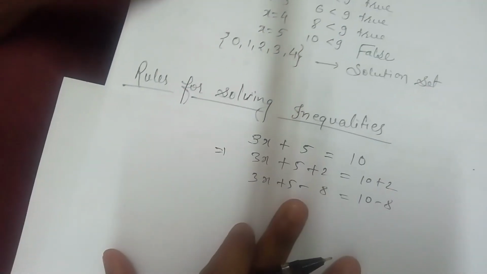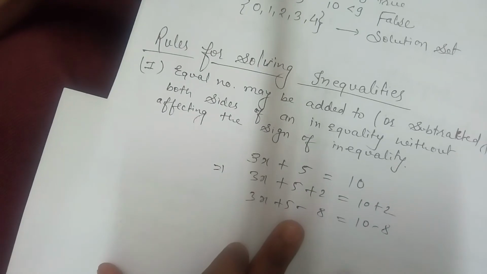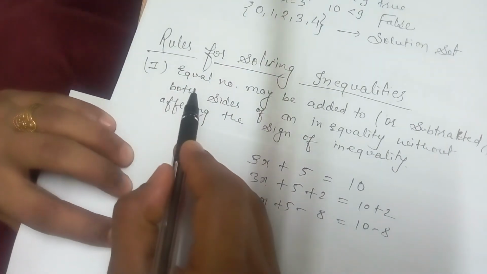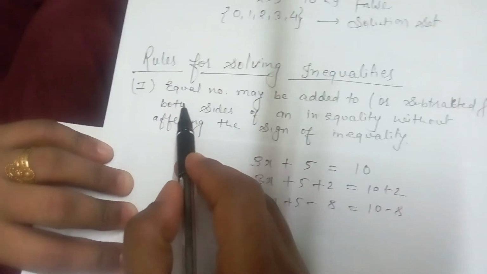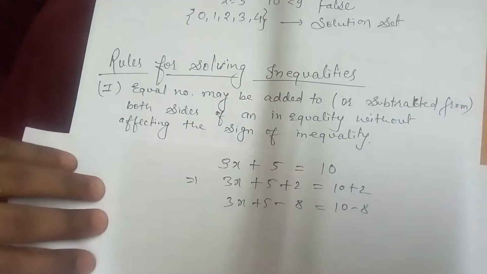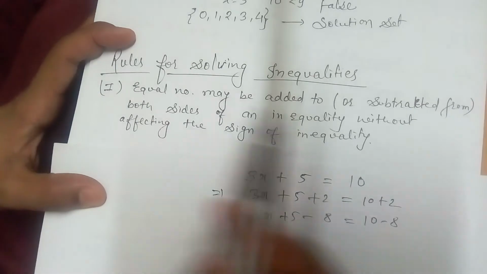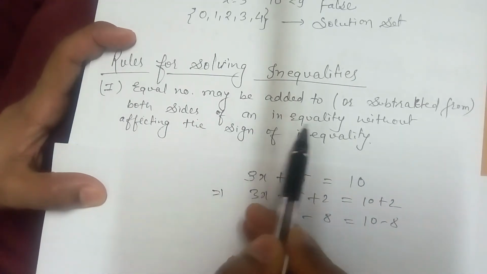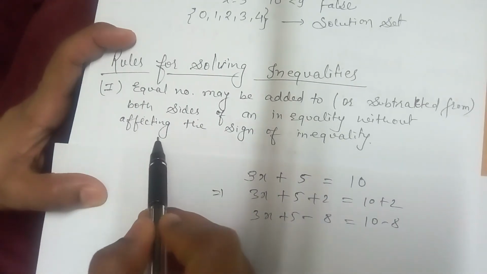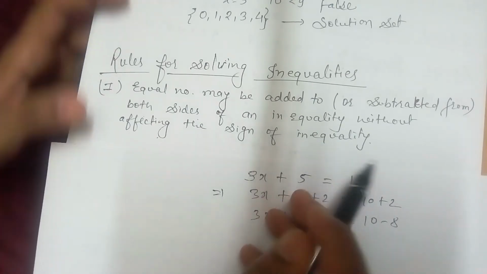Rule number 1: equal numbers may be added to or subtracted from both sides of an inequality without affecting the sign of inequality.